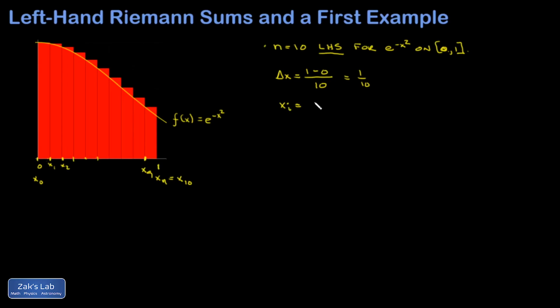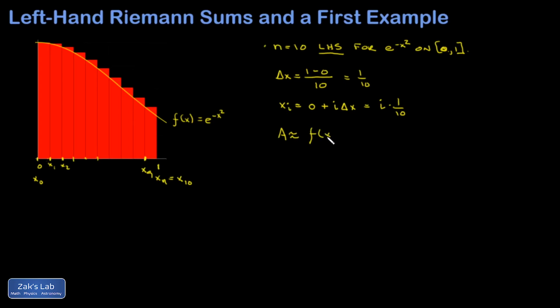So my ith cut point is given by the starting point, which is 0 in this case, plus i steps to the right, i delta x, or I could say i times 1/10.